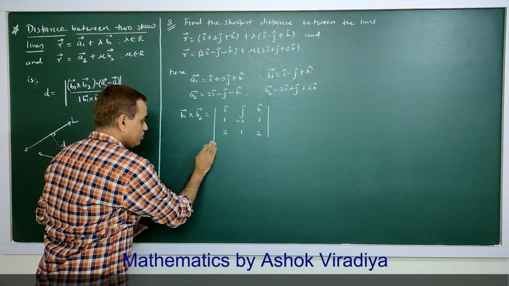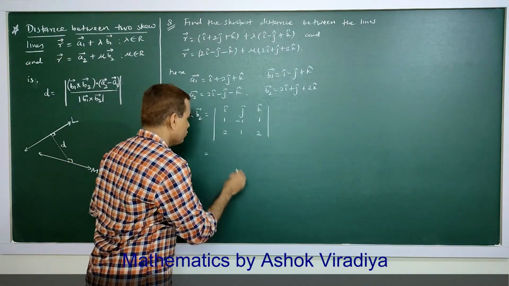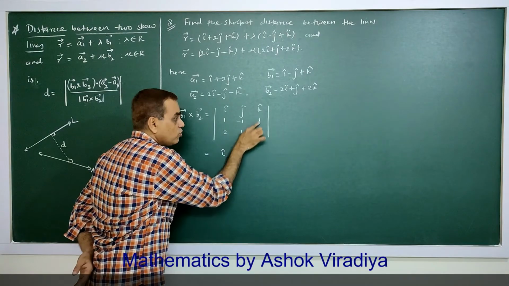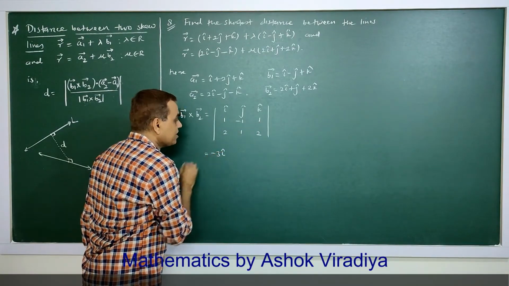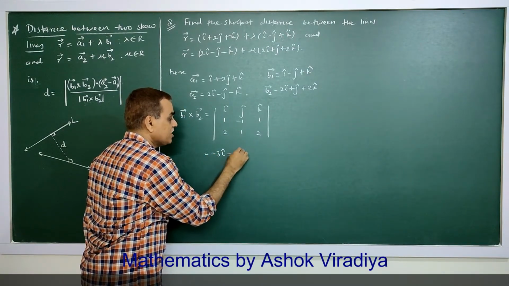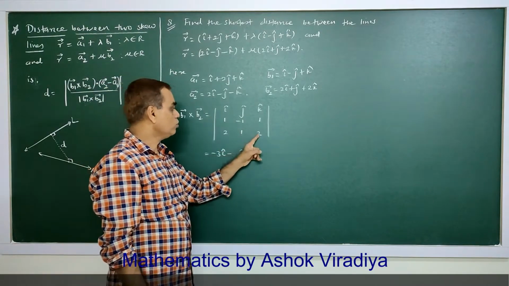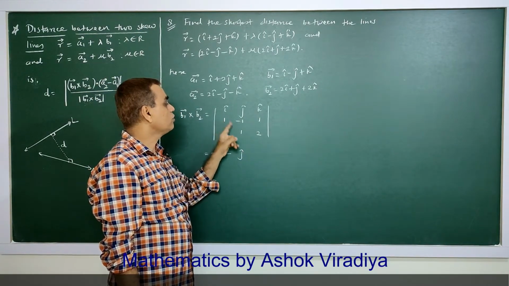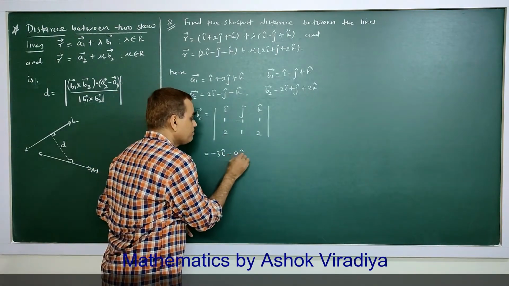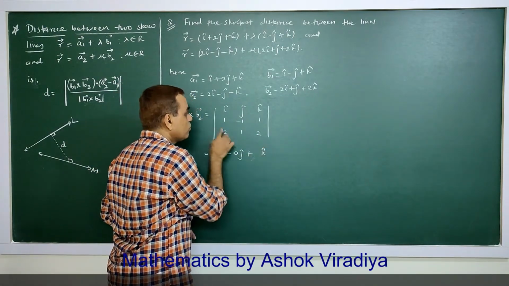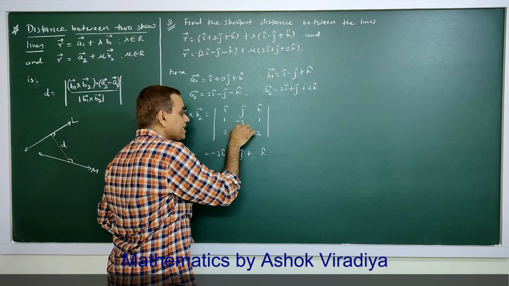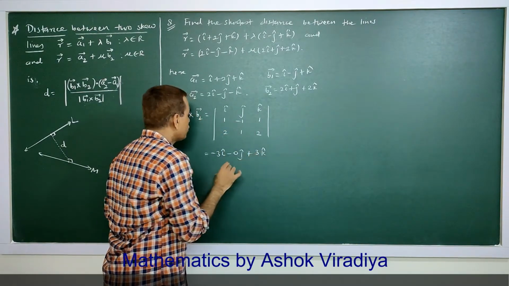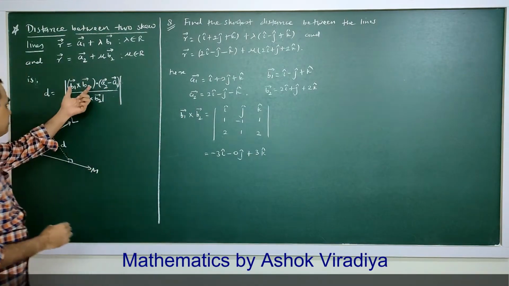So that is equal to i into minus 2 minus 1, that is minus 3i, minus j into 2 minus 2, that is 0, plus k into 1 minus minus 2, that is plus 2. So 1 plus 2 is 3. So this is b1 cross b2.